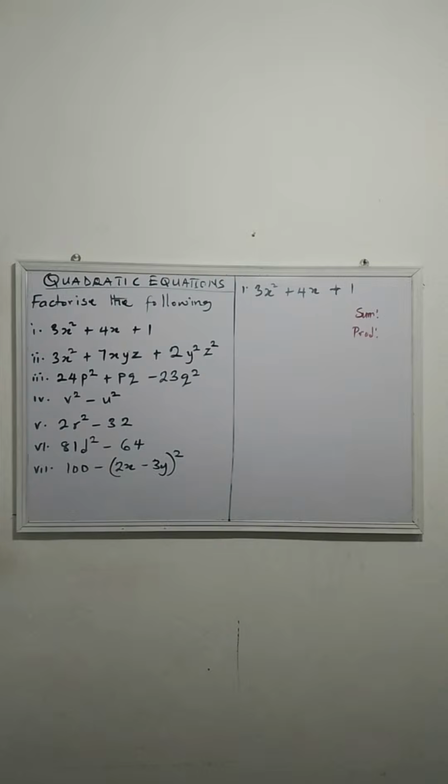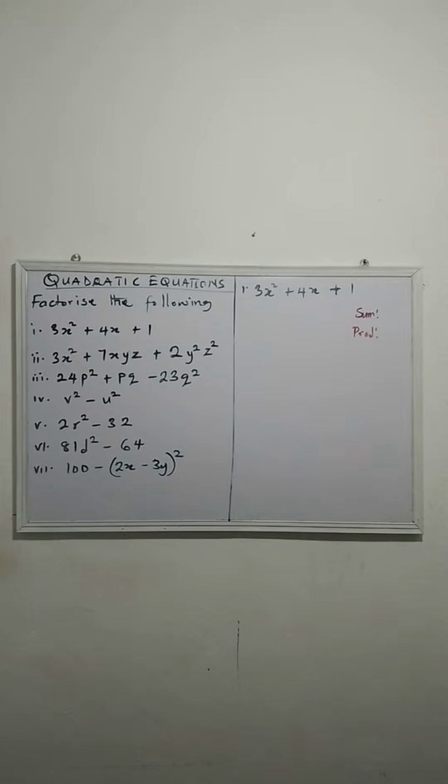I'm asking for the sum and product. Balogun, I think you're already giving us the two numbers. Aisha, sum is 4 and product is 3. Good. Others can drop their answers, let's see what you have.